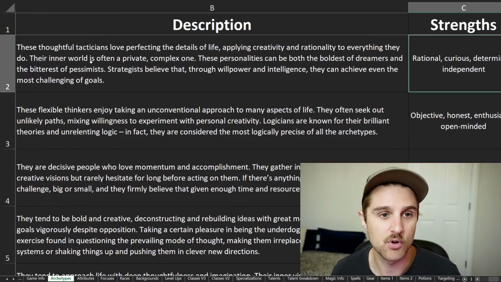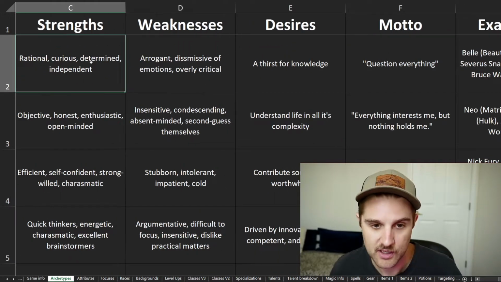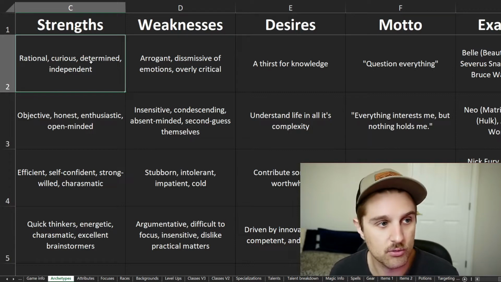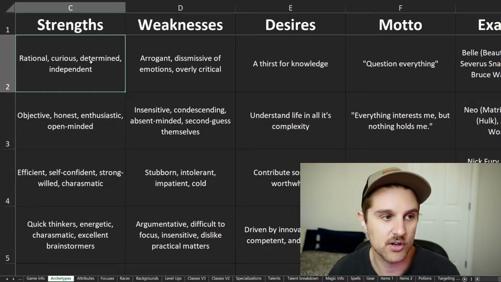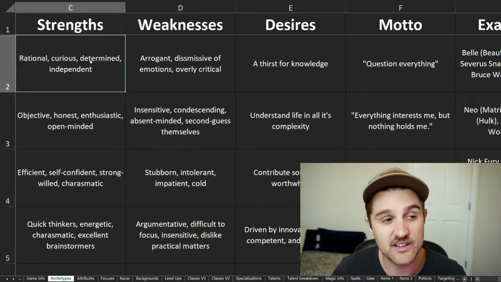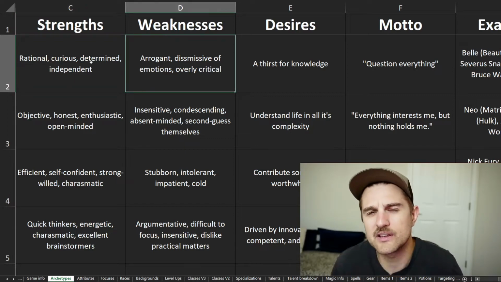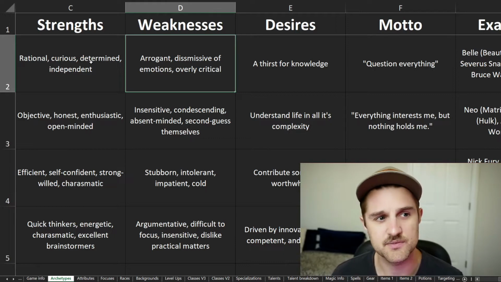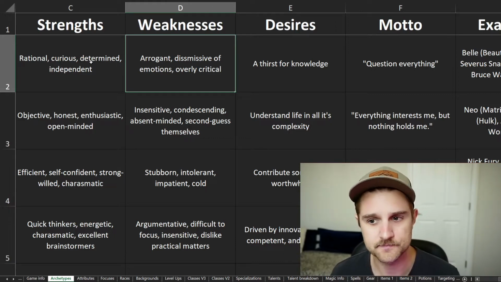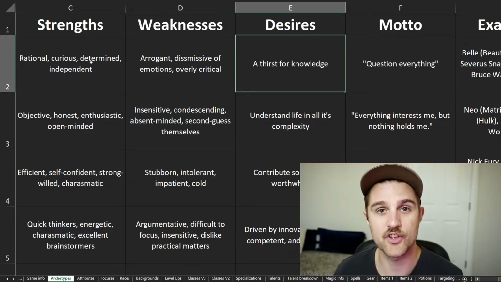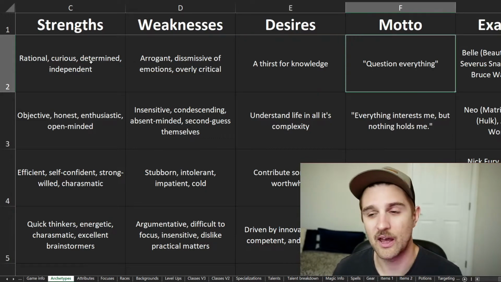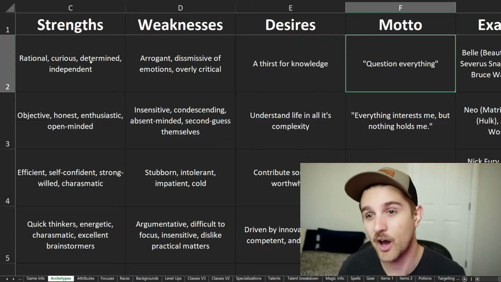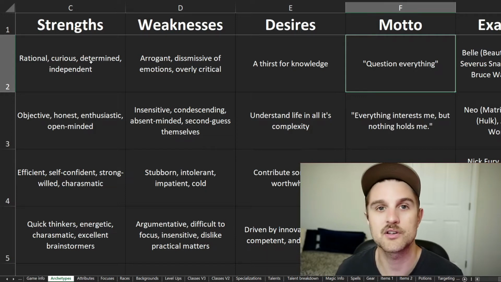If you move over, we can see some of their strengths. The strengths of the detective are that they are rational, curious, determined, and independent. Some of their weaknesses, again, just having these things helps you visualize and play out a character: they're arrogant, and they can be dismissive of emotions and overly critical. Some of their desires are a thirst for knowledge. I came up with a motto for each of these. The motto for the detective would be to question everything.